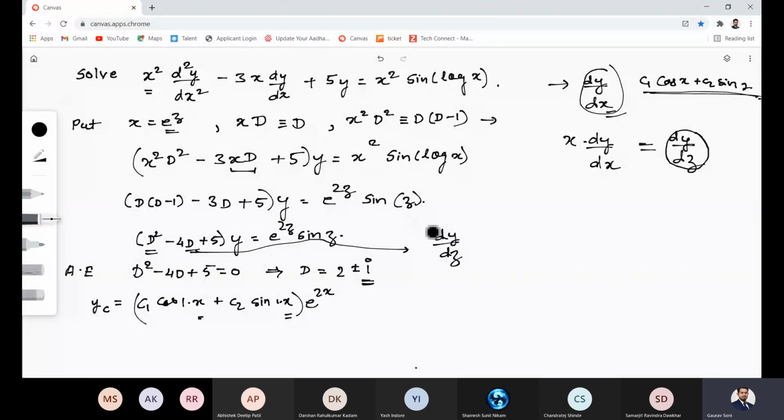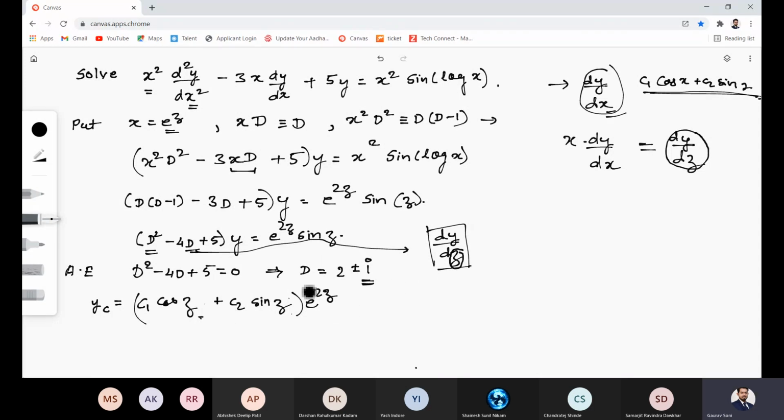So wherever you have x, you put z now. So c1 cos z plus c2 sin z, e raised to 2z. So this will be the change. Remember that originally it is dy by dx, but after changing the variable this new d is dy by dz. So z will come in the solution, not x.